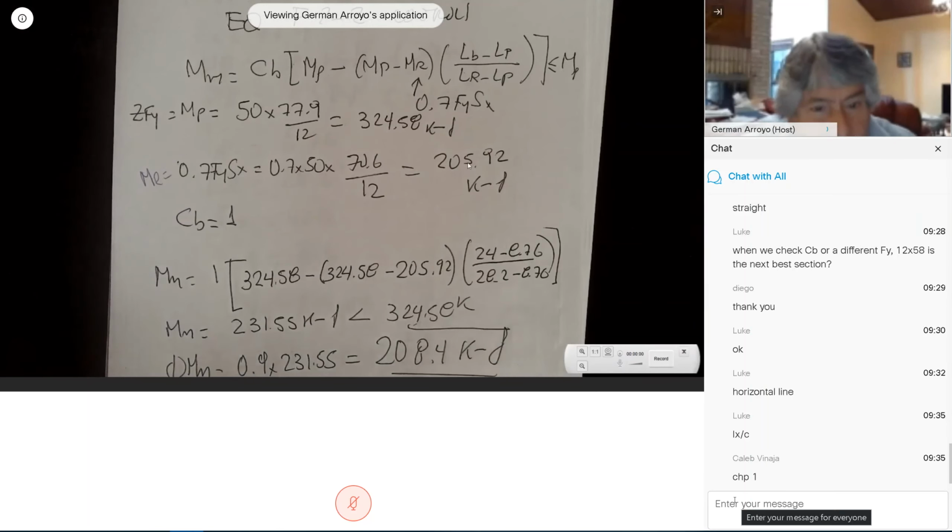Yes, because the formula for phi M sub N is M sub P minus parentheses M sub P minus M sub R parentheses multiplied by L sub B minus L sub P over L sub R minus L sub P. So the formula uses M sub P and M sub R, so you need to wait until the end to find it. Any other questions?